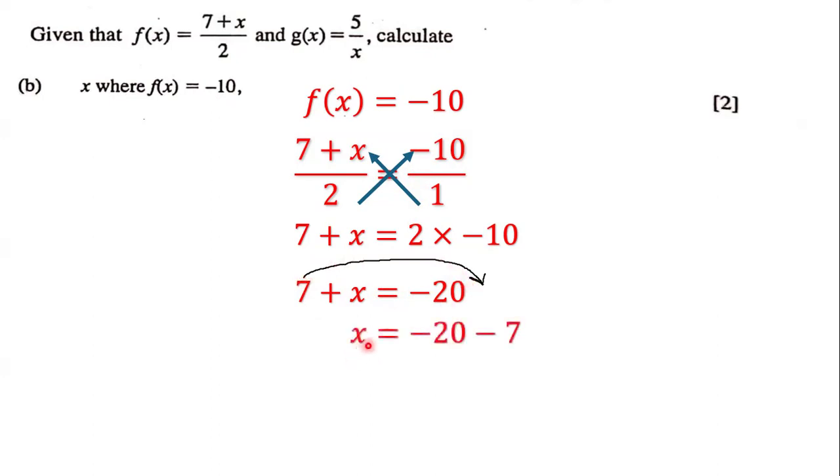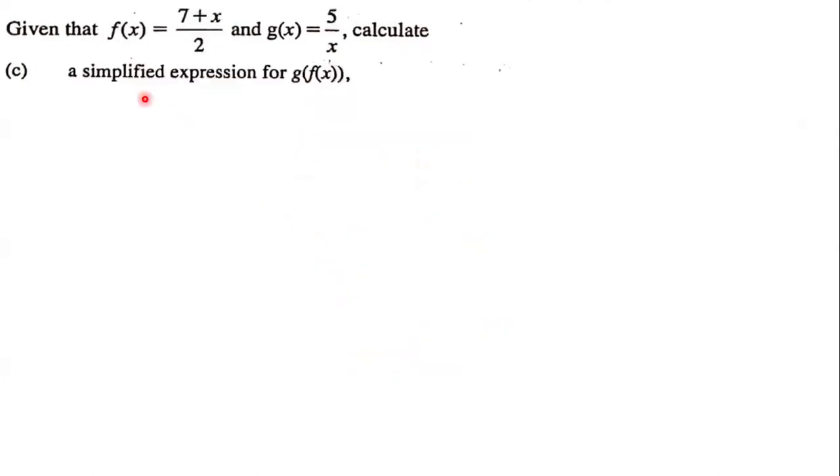So x is equal to -20 minus 7, and -20 minus 7 is equal to -27. So x is equal to -27.